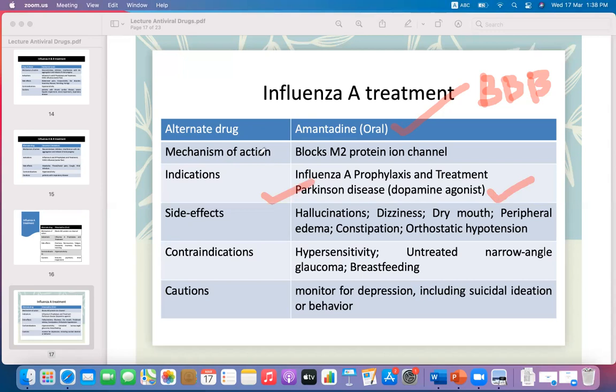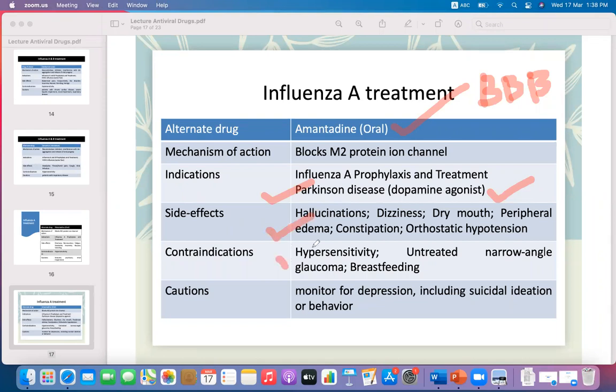Amantadine: mechanism of action blocks the M2 protein on ion channel for influenza A treatment, but for Parkinson's disease, it acts as a dopamine agonist because it crosses the blood-brain barrier. Side effects: hallucinations, dizziness, dry mouth, peripheral edema, constipation, and orthostatic hypotension.